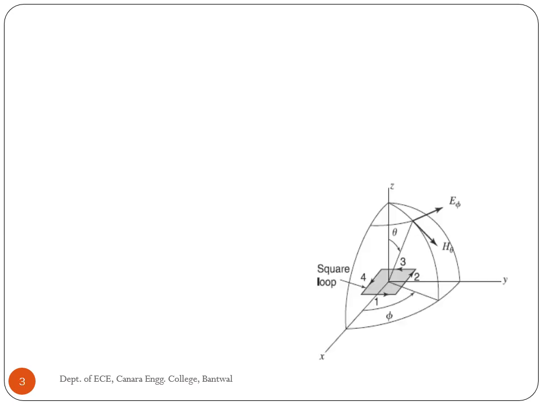If the loop is oriented as in the figure, its far electric field has only an E phi component. A cross section through the loop in the YZ plane is presented in the figure.